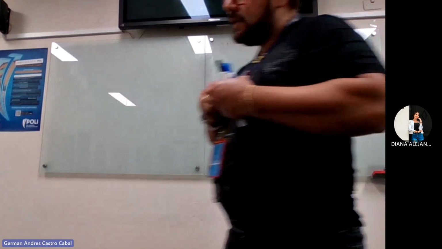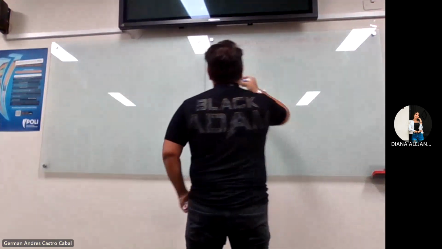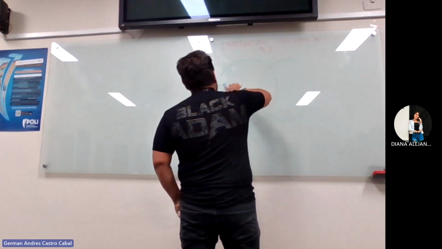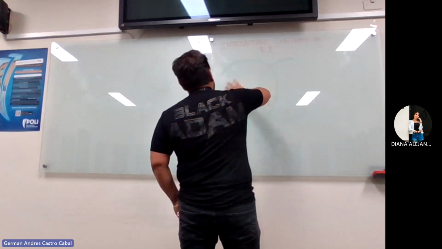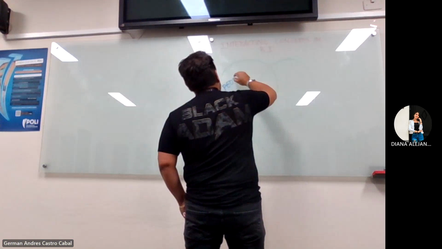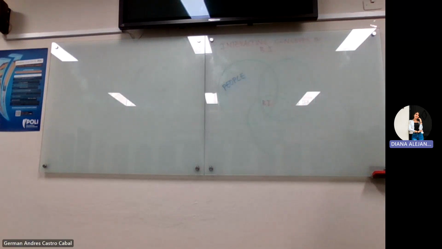The first one is going to be the concept of people. Here we write people. People are needed to build BI.